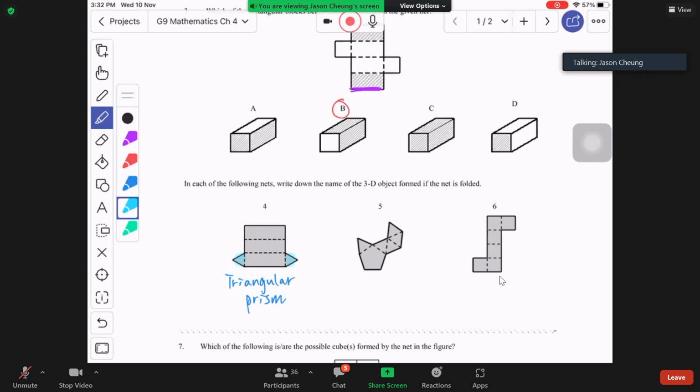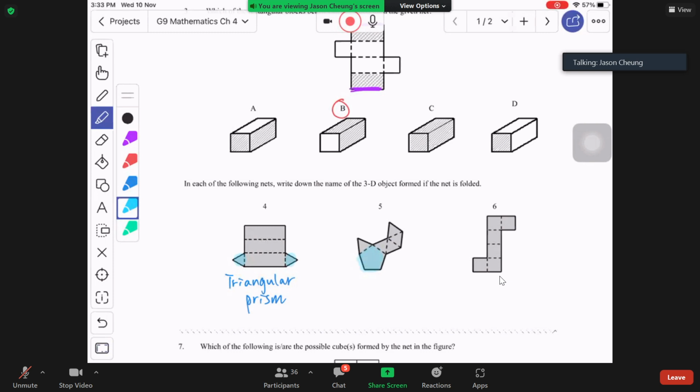Question 5. So first of all, can you identify what is the base here? Can you identify the base? The base here for question 5 should be this one, right? So apparently, the base will be a pentagon.